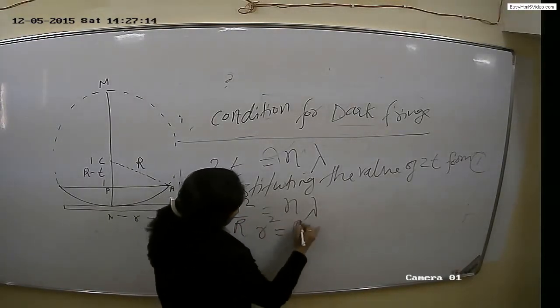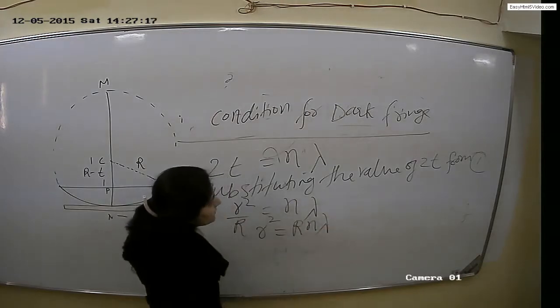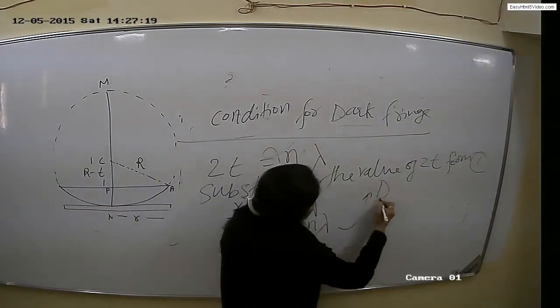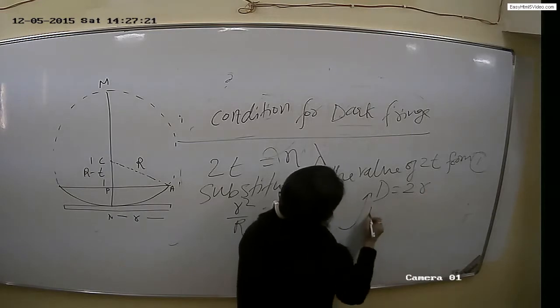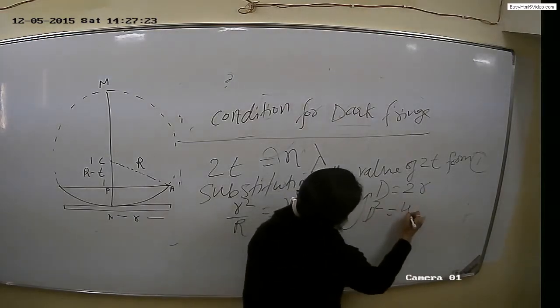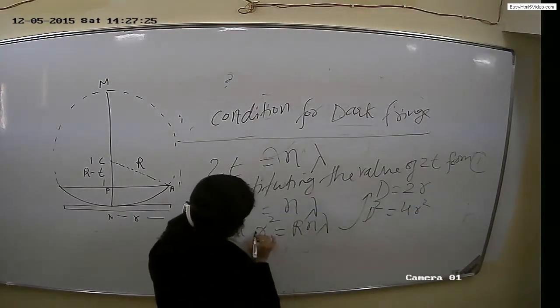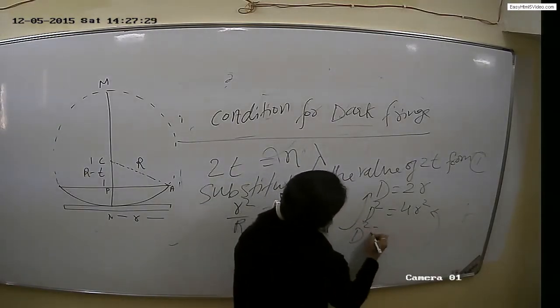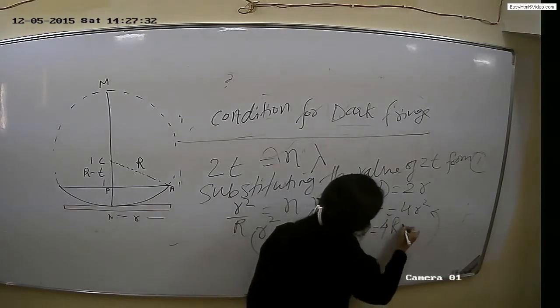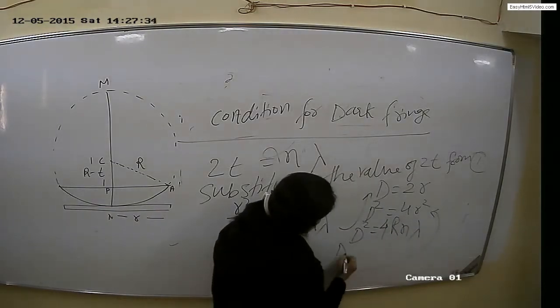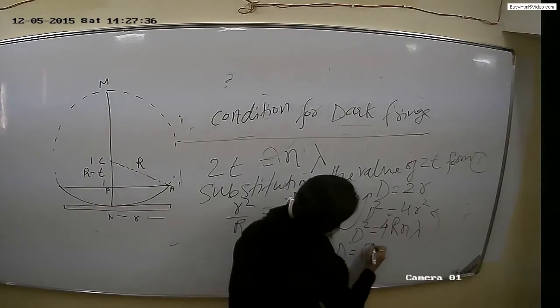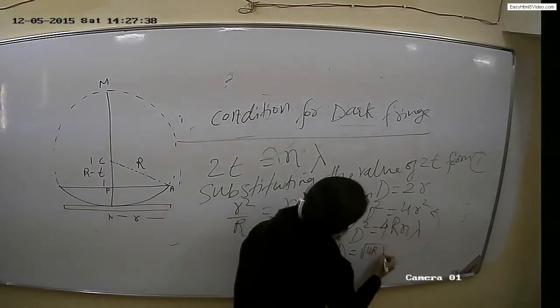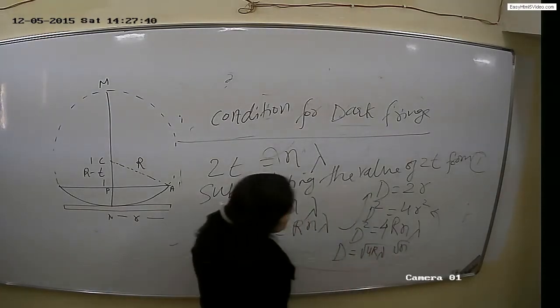We get radius r square is equal to R n lambda, and we know that diameter is twice the radius. Squaring, D square is equal to 4 r square. Substituting the value of r square, we get D square is equal to 4 R n lambda. Therefore, D is equal to under root 4 R lambda under root n.